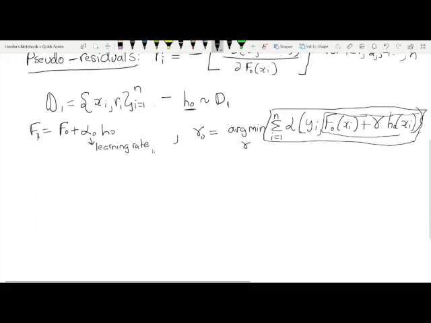So after n steps, let's say, the model would look something like this.